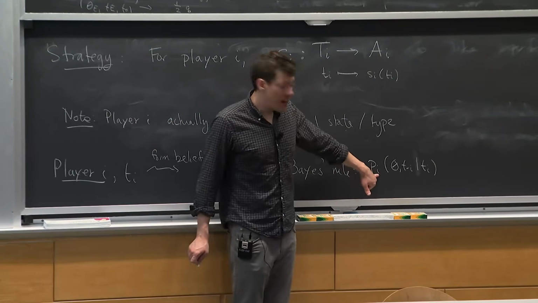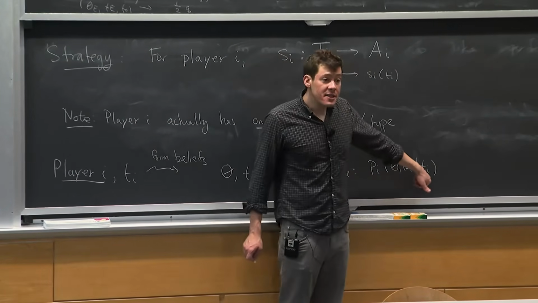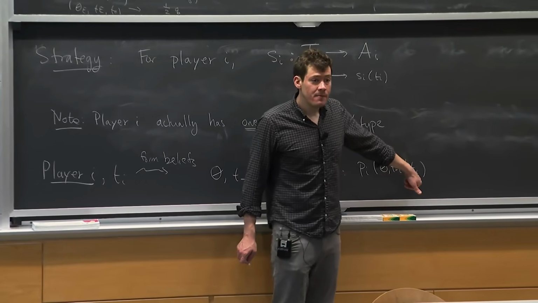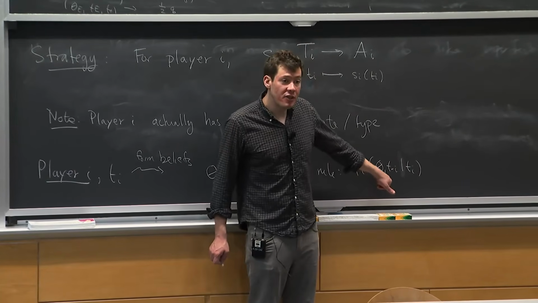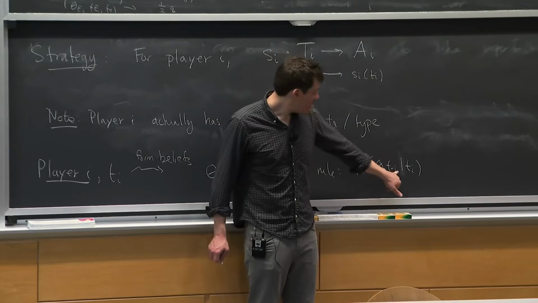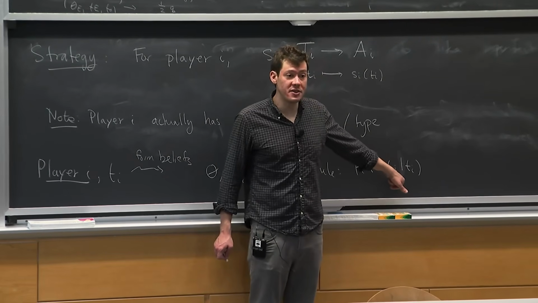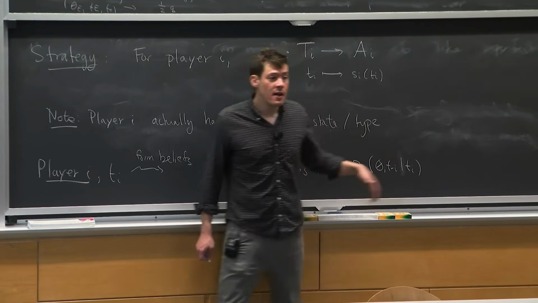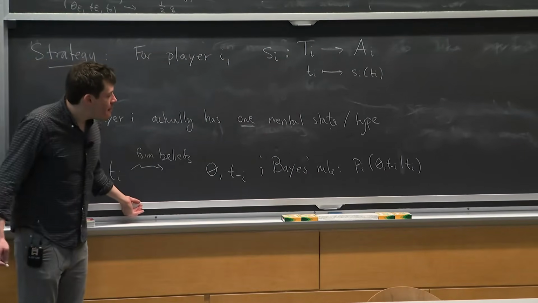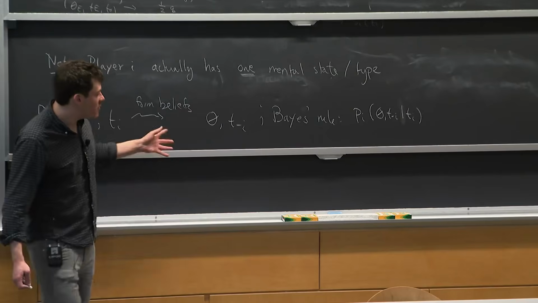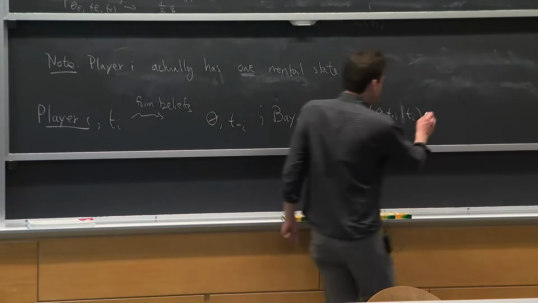Pi says I'm player I. Ti says this is my mental state, Ti. Given that this is my mental state, I want to say what is the probability that the state of nature is theta, and the mental states of all my opponents are T negative I. Okay? And this is going to be a classic application of Bayes' rule. I hope people have seen this before. If you haven't, it may be something you have to brush up on a little bit.